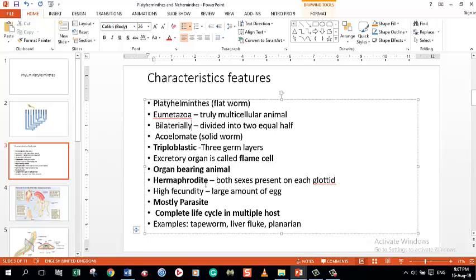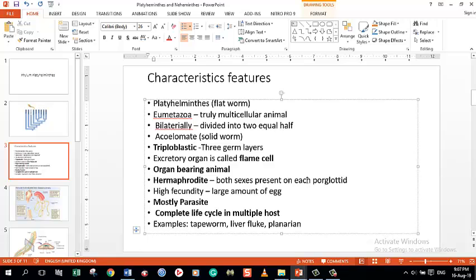These animals are hermaphrodites. Most of this group have both sexes present on the same proglottid, which means each proglottid has male and female parts. The reason for having both sexes together is to ease reproduction so that it can take place very efficiently.